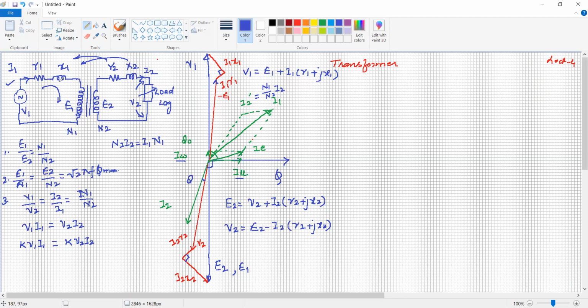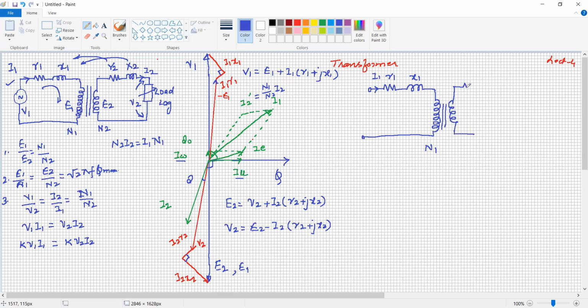Say, for example, we will take one example. Again, we will draw the equivalent circuit. This is the resistance R1 and reactance X1 of the primary winding, the current is I1, and the number of turns is N1. Then the secondary winding, no doubt there is a core.